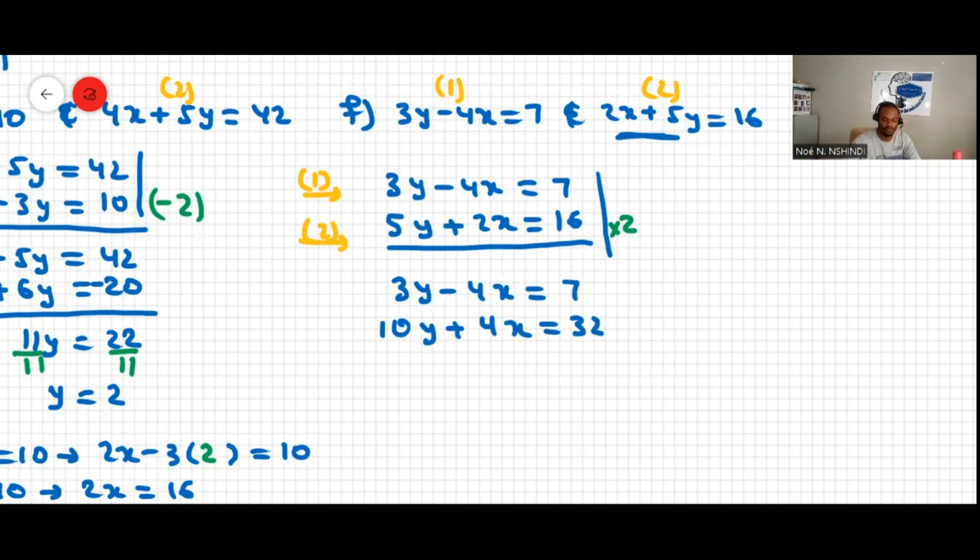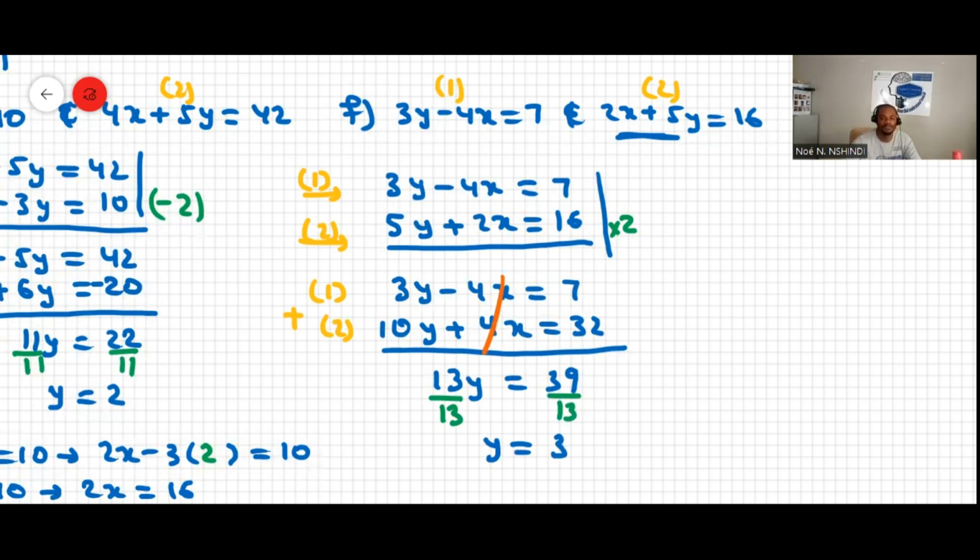If we add equation 1 plus equation 2, this will become what? 3y plus 10y makes 13y, and then x cancels to 0, equal to 39. To get the value of y, we divide both sides by 13, and then we get y equal to 3.